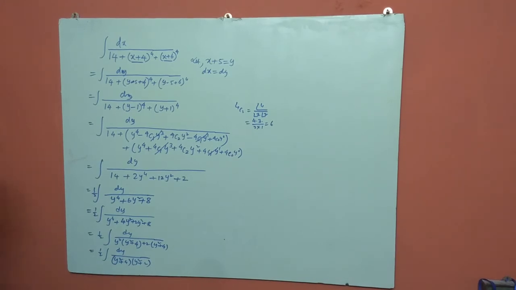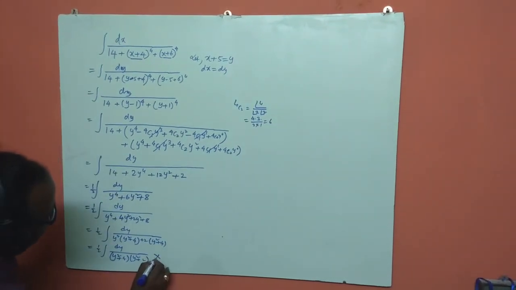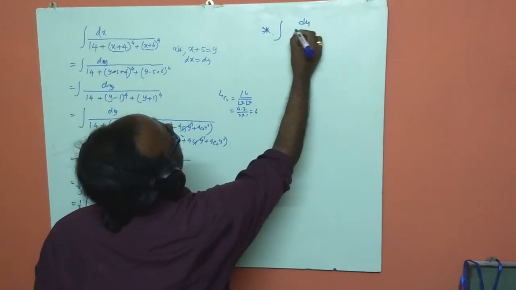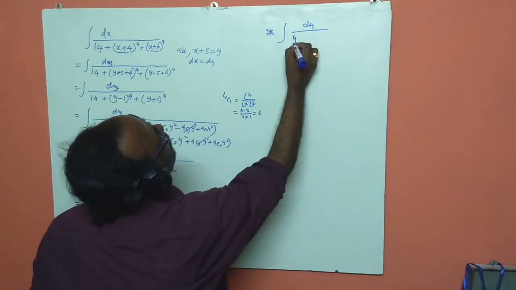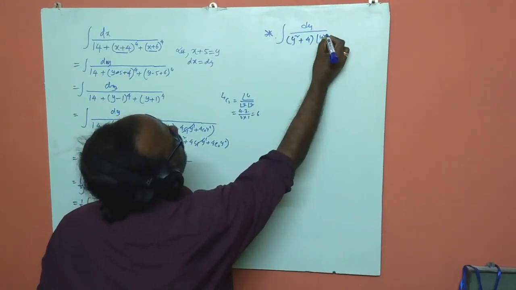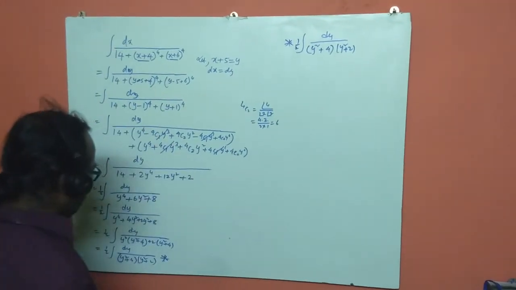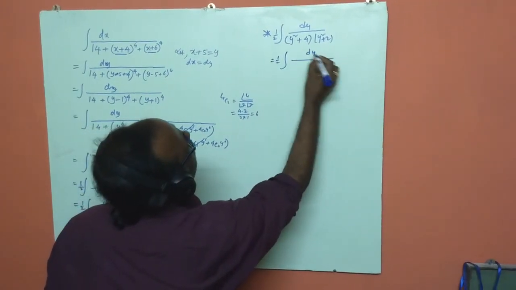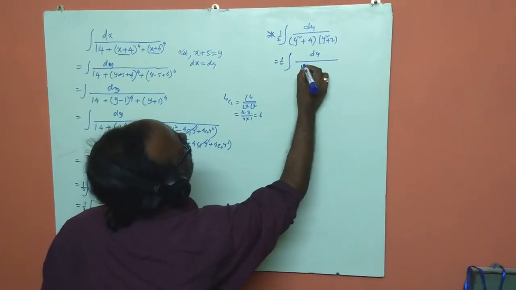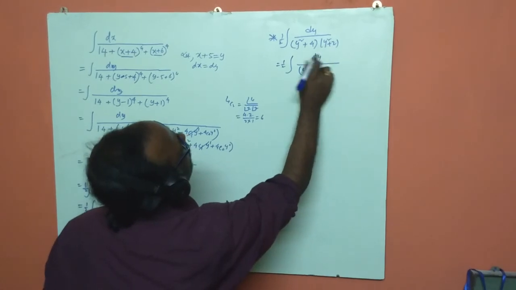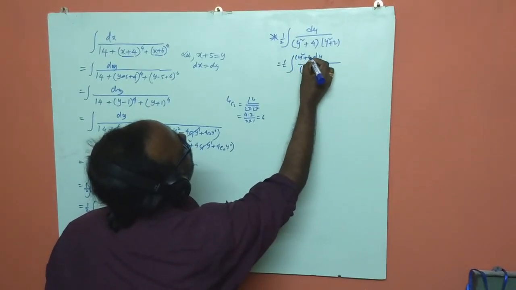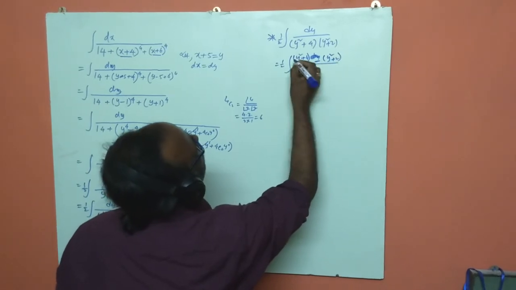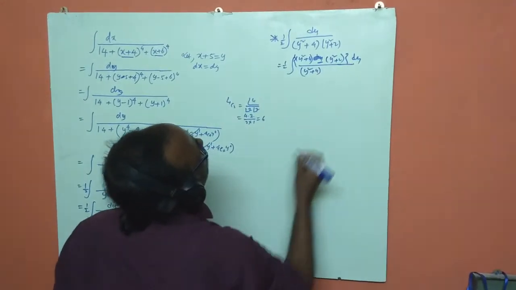And now see here, look here, integral dy over y square plus 4 and y square plus 2 and 1 over 2, and y square plus 4, this is minus y square plus 2 and dy.